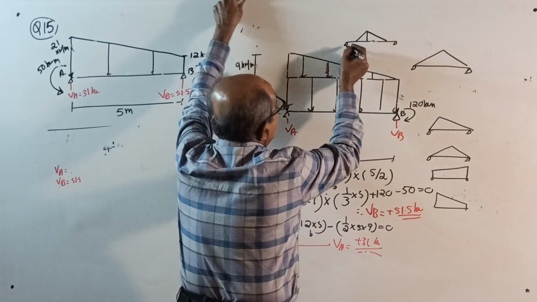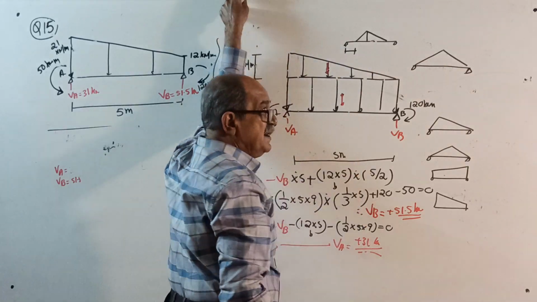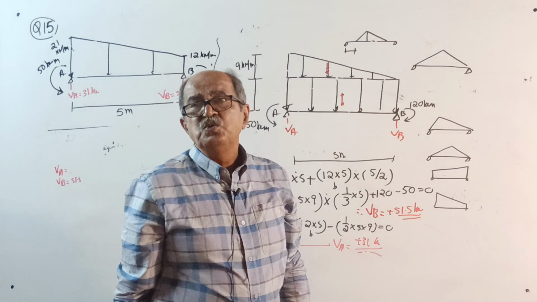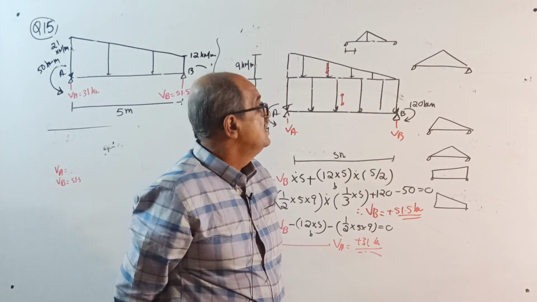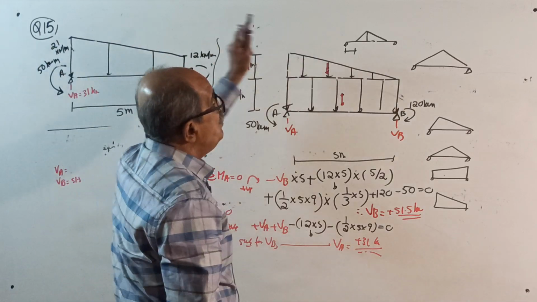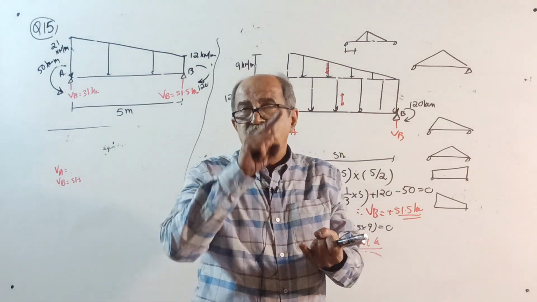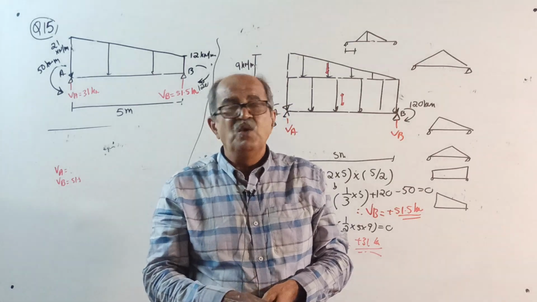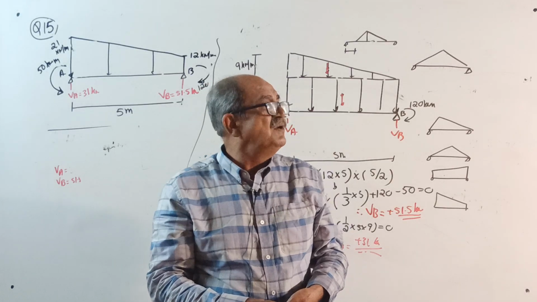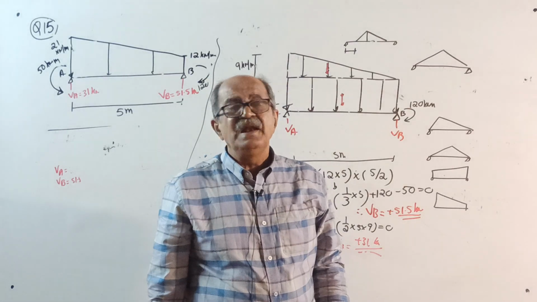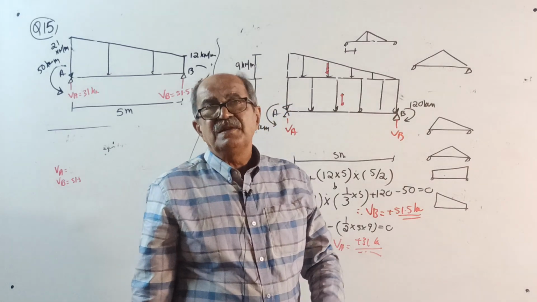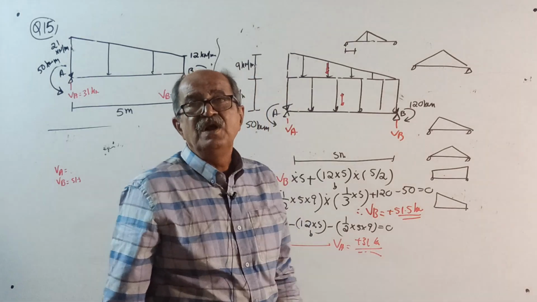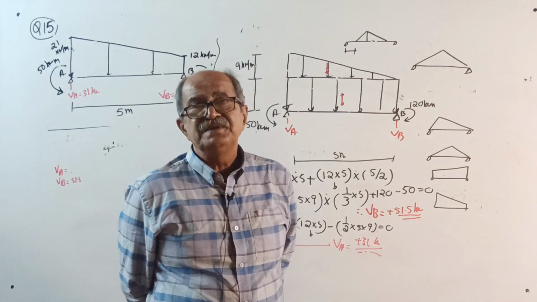Then when you take moment, this distance you have to take, but it is important. I will cover that in the next class. Then I decided to consider one master question. The beam will start from here and end somewhere here, with point load, UDL, partial load, UVL, all loads including trapezium and couples, everything there. It may take a little more time, but I will write expressions and explain. That is the next question. Now, two questions for trapezoid UVL represented by trapezium are over.